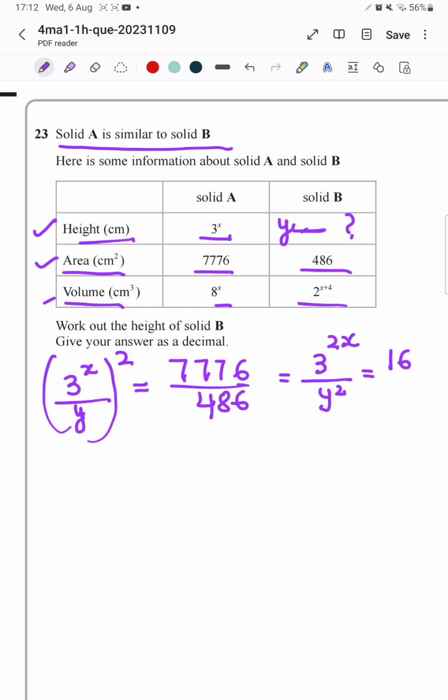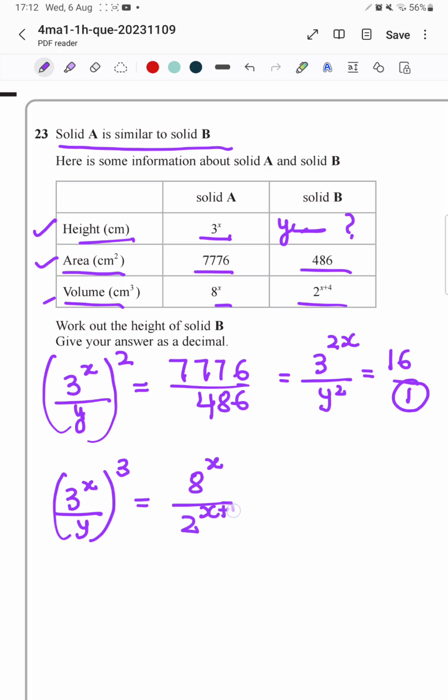Now, this is one relation we have found. The second thing is the relation with the volumes. If the ratio of the heights of these two solids is taken, 3 to the power of x over y, cubed, then this is equal to 8 raised to the power of x over 2 raised to the power of x plus 4.